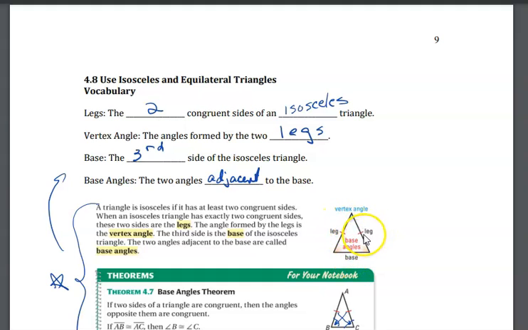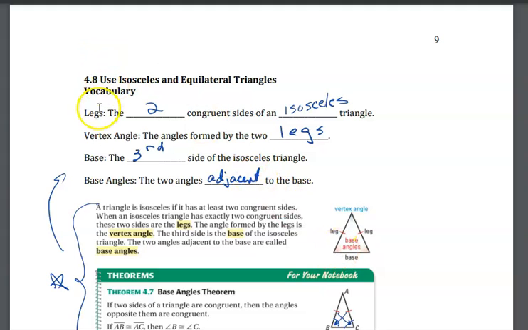Notice the legs have these markings, which tell us that they are equal. And what we're going to learn in this section is that if a leg is equal, the angle opposite the leg is also equal. So that means this angle here opposite this leg and this angle here opposite this leg are both the same measurement. So if you know one, you know the other.